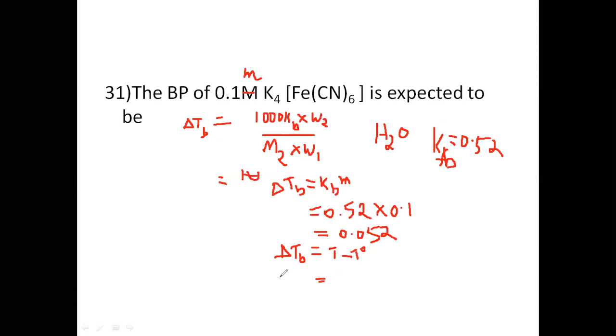So 0.052 is equal to T minus 100. So T is equal to 100.052. This calculation is what students usually make, but this whole calculation is wrong.